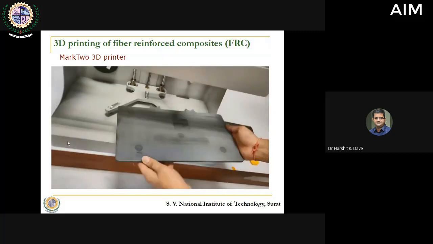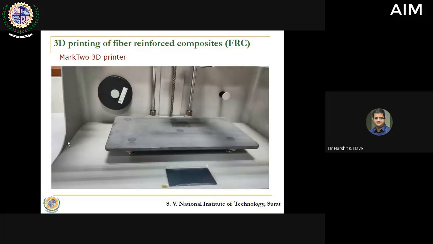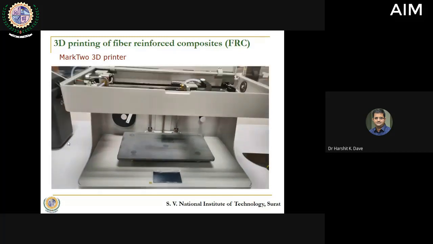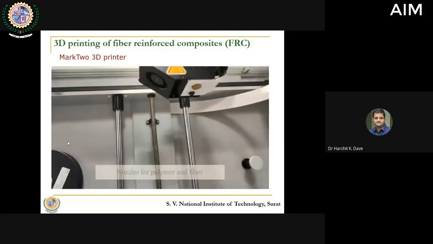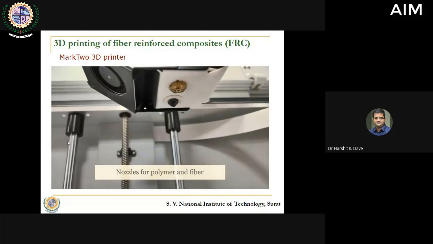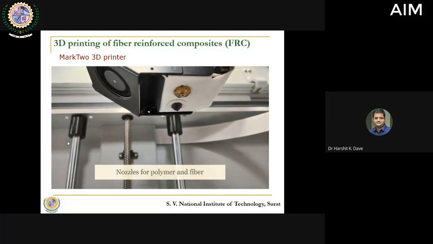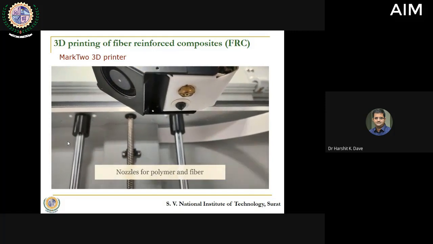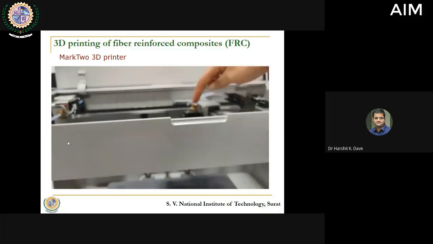So that becomes easy. Often it so happens that when you are removing the part, it may get slightly bent, it may get slightly warped. You can see the spool for the filament is placed, and these are the two nozzles. The black one that you see is for the polymer, and the brass one that you see is for the fiber. So this is the internal structure of the machine.